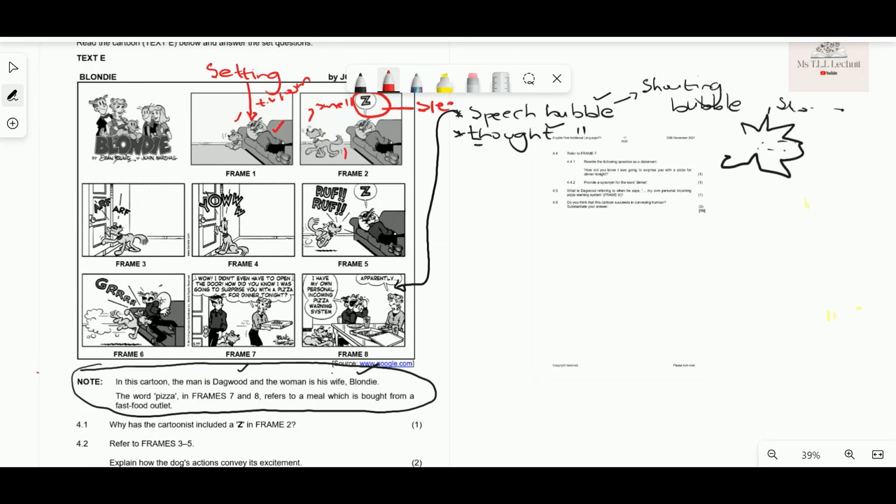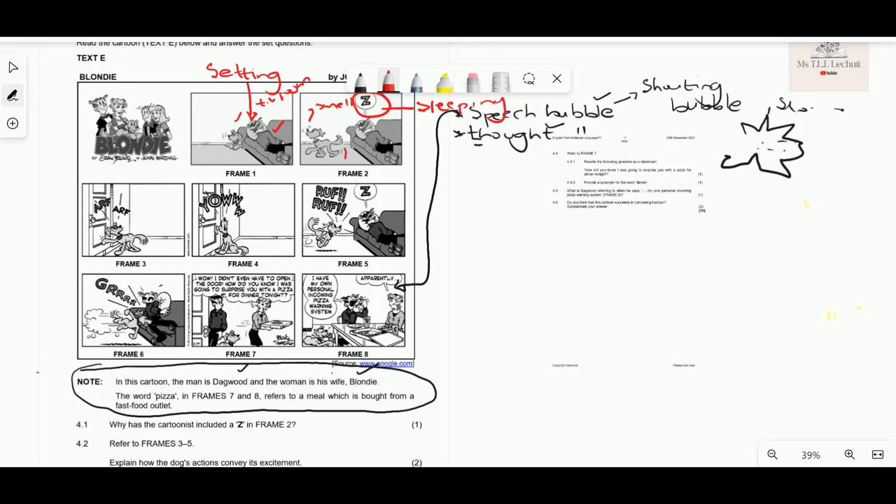Alright, now in frame 3, we only see the dog. We don't see Darkwood. But let us check the action of the dog. The dog is actually barking, because the word ARF is bolded. This is how you answer.